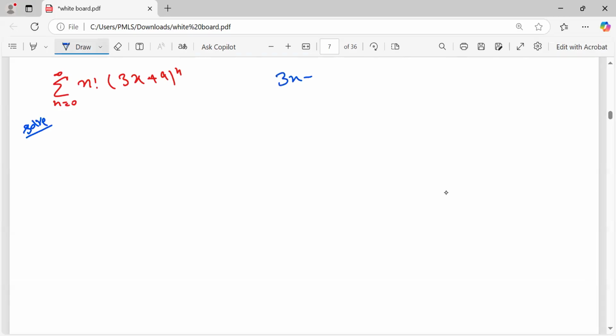For finding the center, we need to solve this expression for x. So when we solve for x, we will get 3x is equal to minus 9, divided by 3 on both sides. This means that x is equal to minus 3. So this is a power series centered about a is equal to minus 3, right?